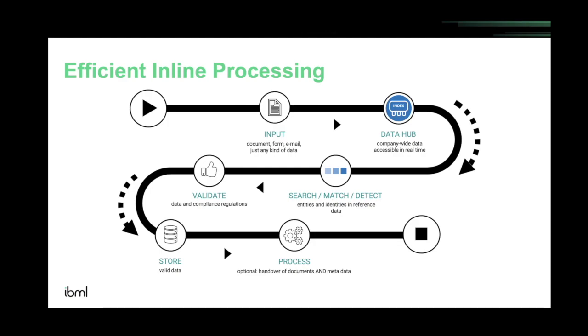So from input to the data hub, which is the storage of our knowledge, of our data. Then we have the engine that allows us to search, match, and detect entities and identities. And then we have our validation, and at the end we have our delivery, our storage, and further processes.